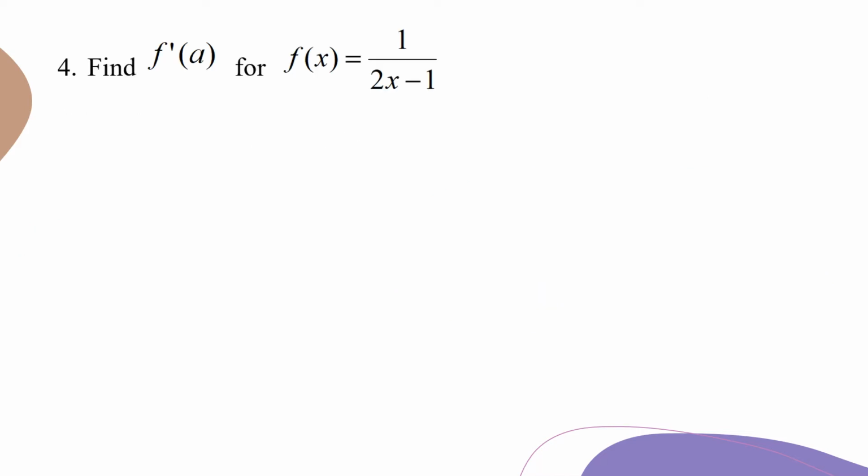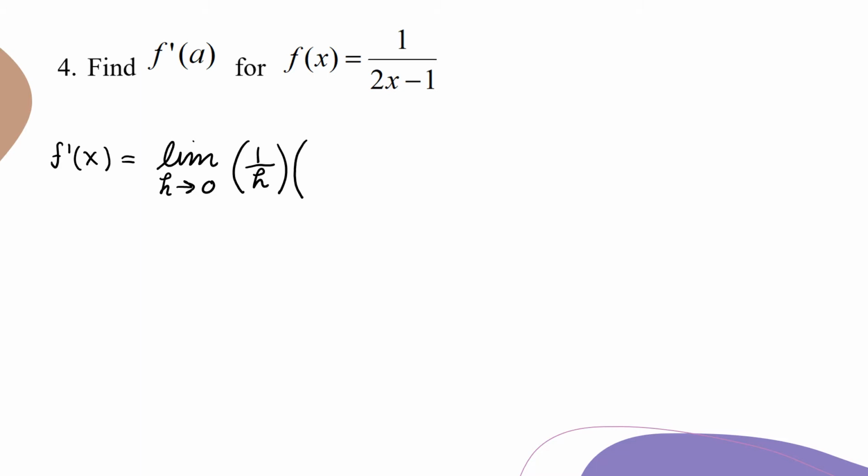definitions. So if you're asked to find f prime of a for f of x equals 1 over 2x minus 1, we need to find f prime of x and then substitute in a. So f prime of x is equal to the limit as h approaches 0 of, since this is a rather tall function, I'm going to write my 1 over h, the division by h, first, in its own little fraction.